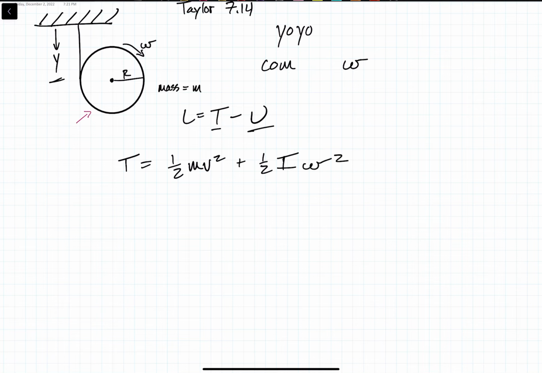Here, v is the velocity of the center of mass. I is the moment of inertia for a uniform cylinder, and that equation can be looked up online or in a physics textbook. So for a uniform cylinder, I equals 1/2 mr squared, where r is the radius and m is the mass of the cylinder.